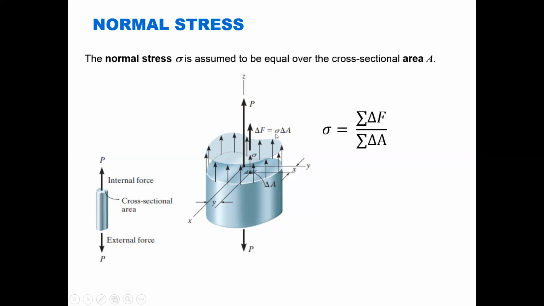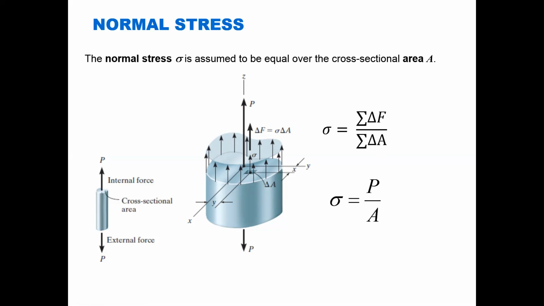So we can write this expression for sigma: the sum of the delta F's divided by the sum of the delta A's would be a definition for the normal stress. Now, obviously, we know what the numerator is. That's just equal to P. And the denominator, we know that is just the cross-sectional area.